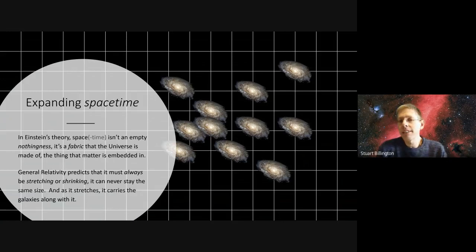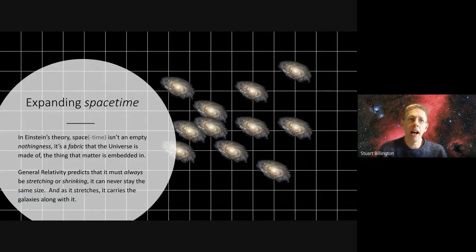It's the stage on which matter does its thing. When we say that stuff moves, it moves through and on and against space-time. It's like the piece of paper that we'd draw the cartoon of the universe on. But Einstein says it's not paper.